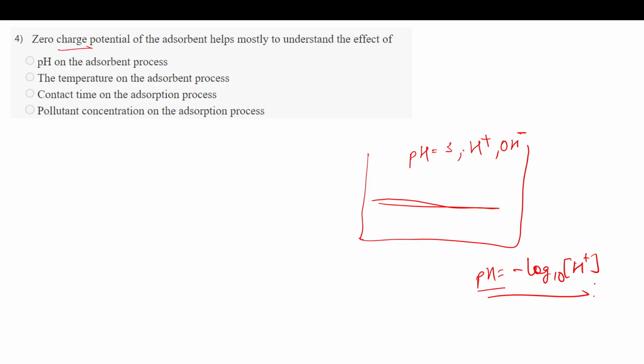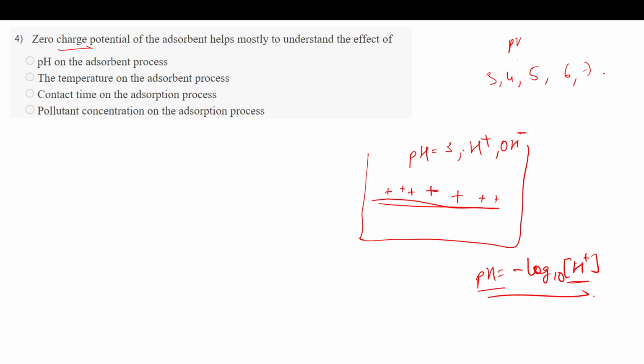So this pH determines the H plus concentration. Now let's say this adsorbent has some inherent surface charge. Now at various pH, if we compare pH 3, 4, 5, 6, 7.